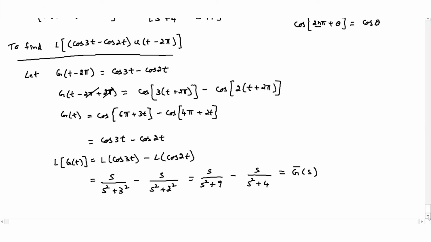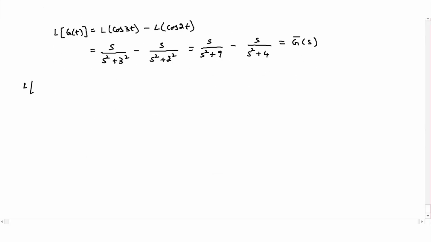Now if you use the property, we have Laplace transform of g of t minus b into u of t minus b is nothing but e power of minus bs into g bar of s.